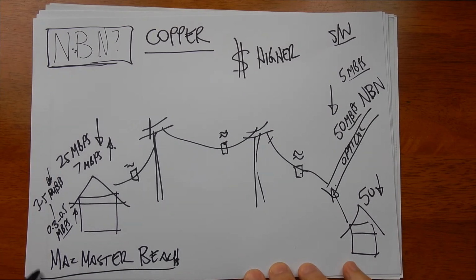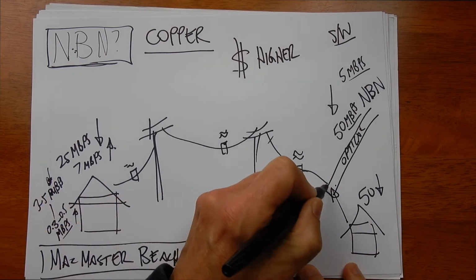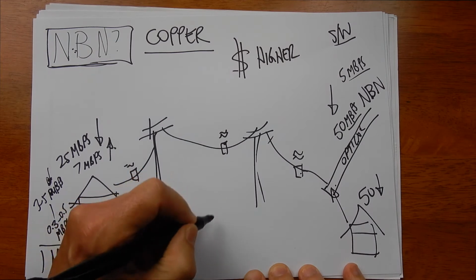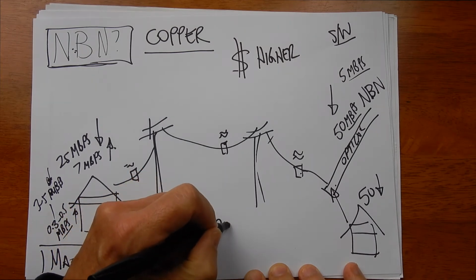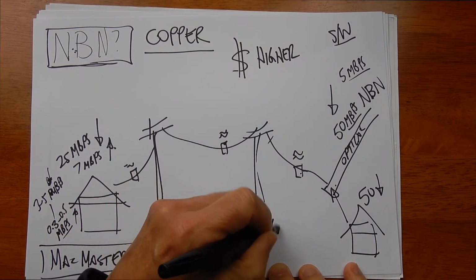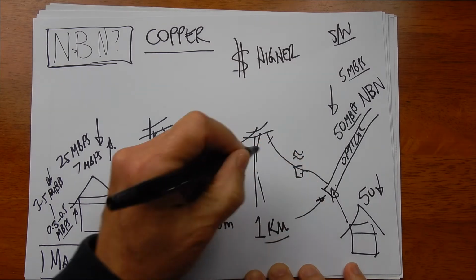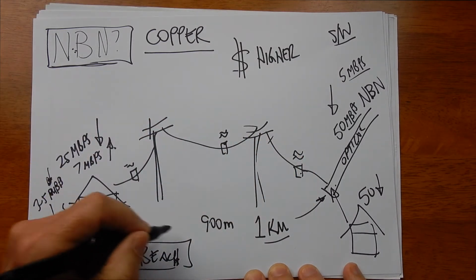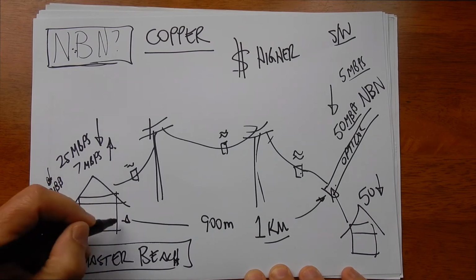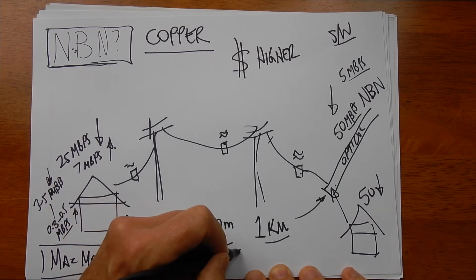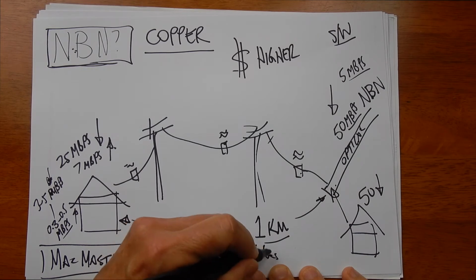Now, for the McMaster's Beach area, I found out that the distance between my house and the first optical connection is something like 900 meters, almost 1 kilometer away. From there, across all these copper lines and connections to there. And in my case, there's about 5 switches or connections that it has to go through.